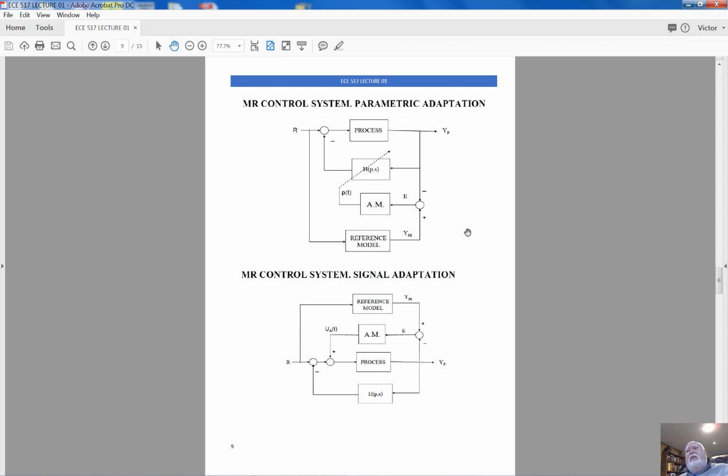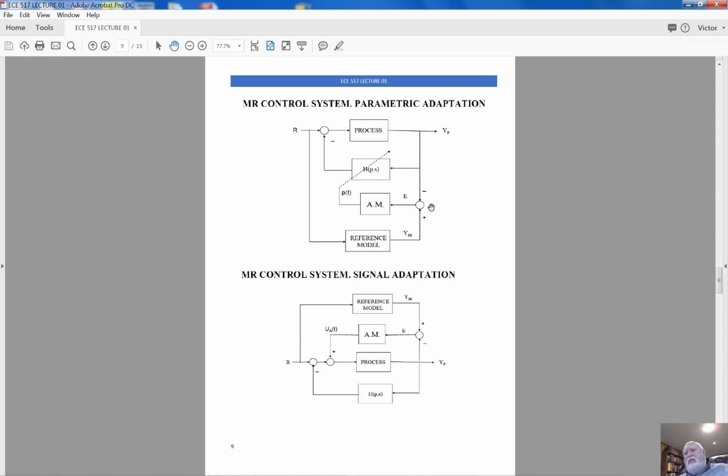I want you to take a look at the diagram that represents the parametric adaptation. There is a process, there is a system controller. This arrow reminds you that the controller could be adjusted. There is a reference model that represents the desired closed-loop performance. The reference model could be built directly based on the design specs. So, the output of the system is compared against the output of the reference model.